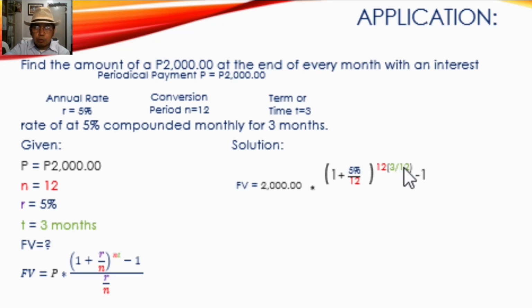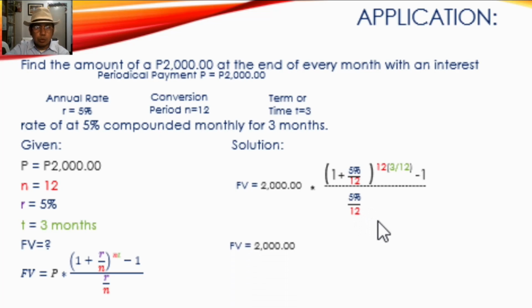Now, why 3 over 12 here? Because when we compute for an annuity, we convert the number of months into a year. So that is the same as 3 over 12, minus 1, divided by the annual rate divided by n, which is 5% divided by 12.